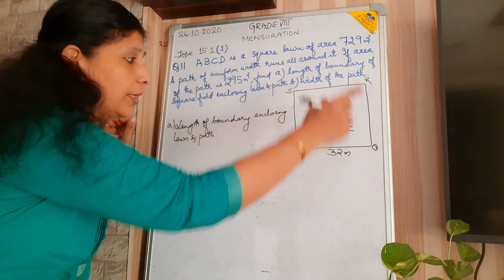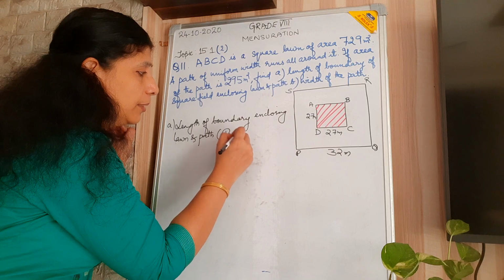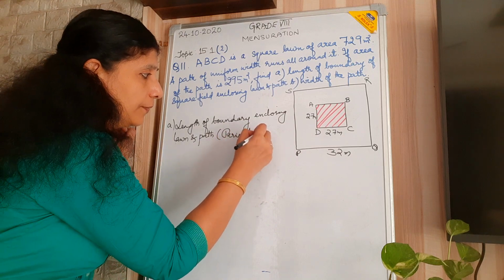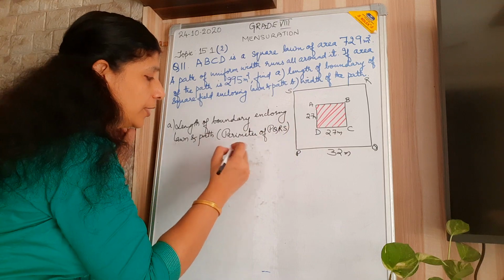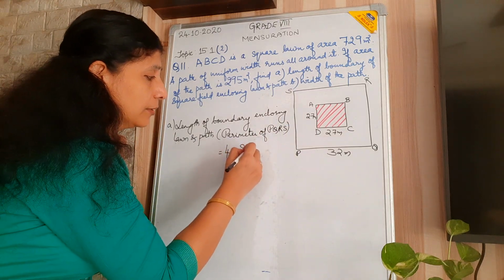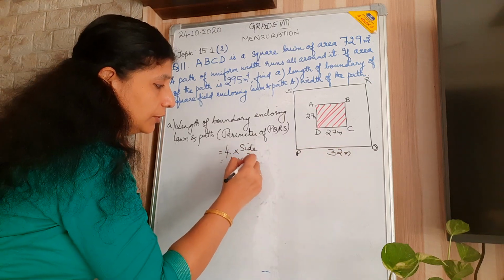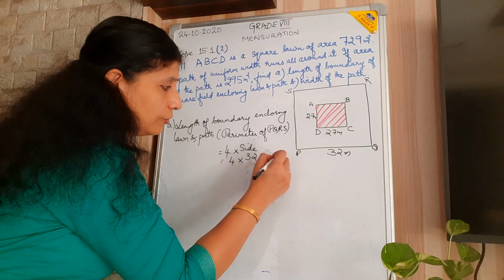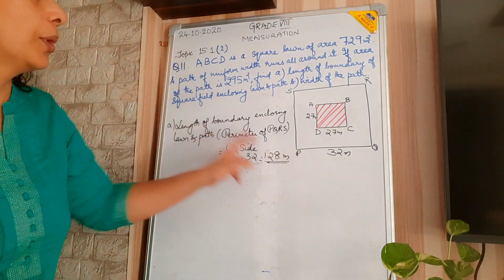Length means you are going around and coming back to the position. So it is the perimeter of PQRS. What is the formula for the perimeter of a square? It is 4 into side. The side you got as 32 meter. So 4 into 32: 4 twos are 8, 4 threes are 12. So 128 meter is the length of the boundary.